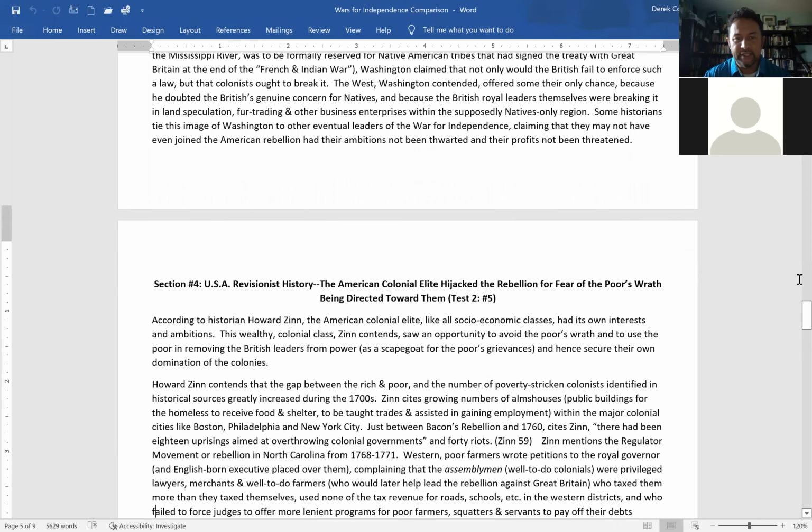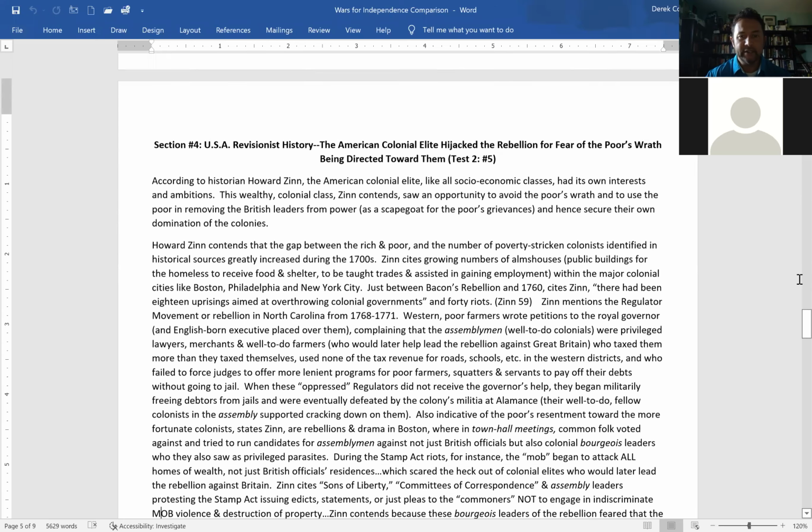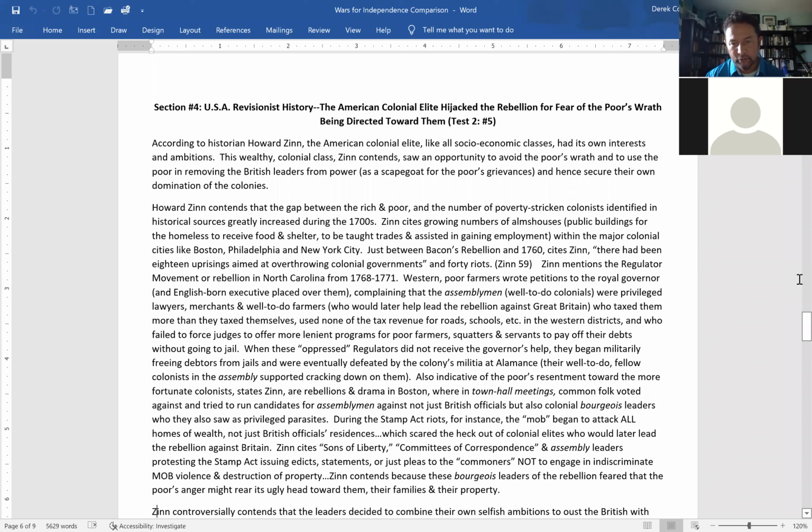And then number four is Howard Zinn's thesis, and it's very cynical. It contends that that demographic of people not only existed, but they hijacked the rebellion. At a few pivotal points, like during the Stamp Act riots and with mob violence, there seems to have been an angry element from below of the poor urban people in particular, and of the poor agrarian people as well, but especially those in the cities, where there was a great disparity between the haves and the have-nots in the Philadelphias and Bostons and New Yorks of the country.